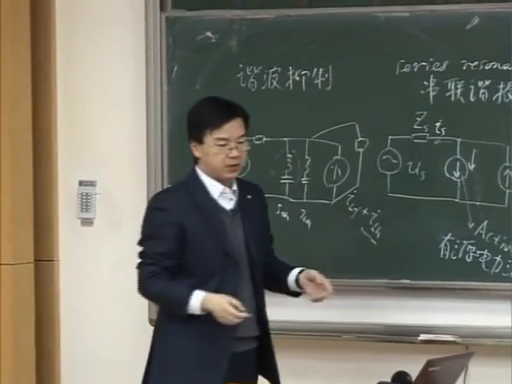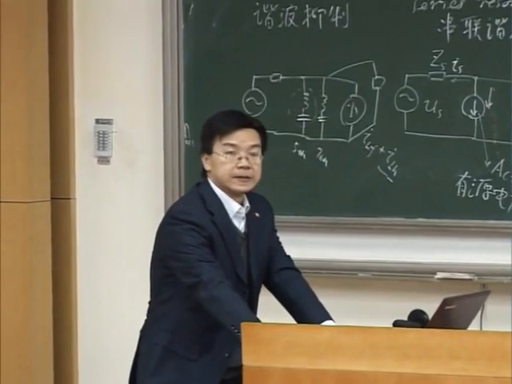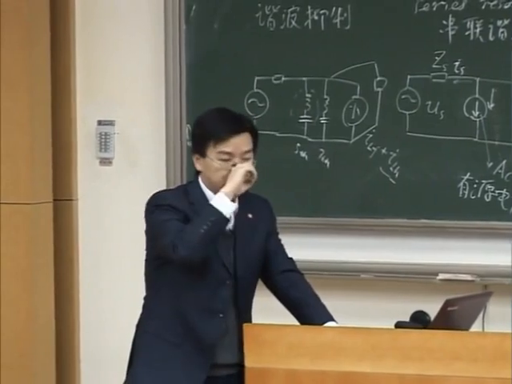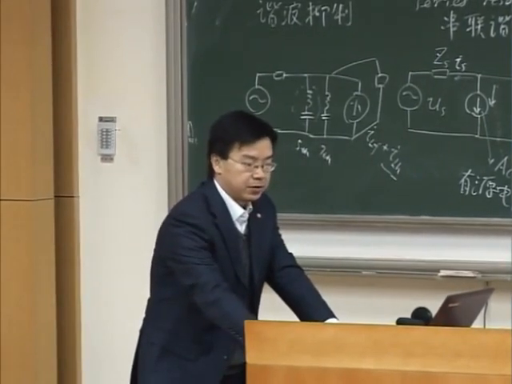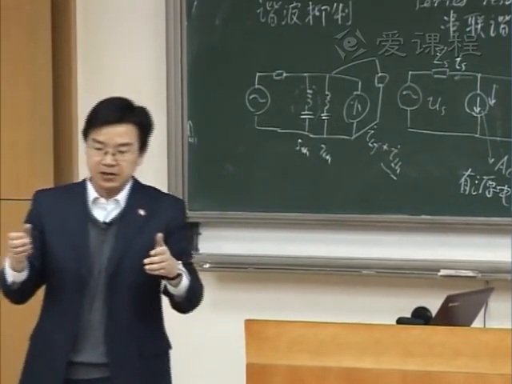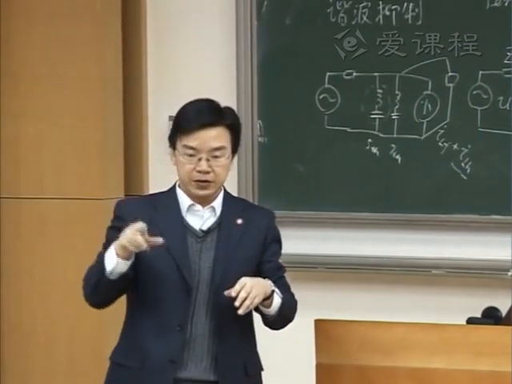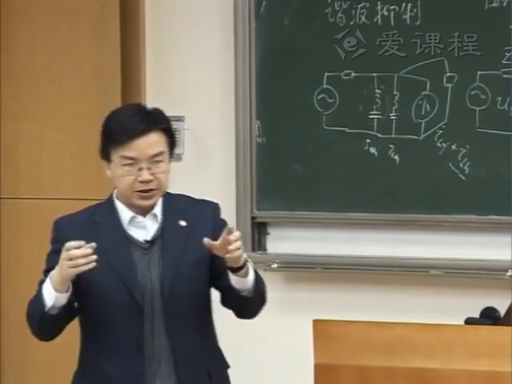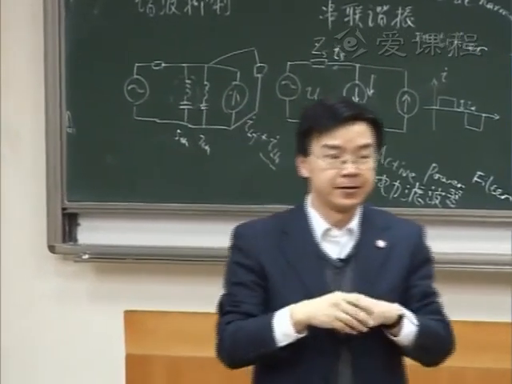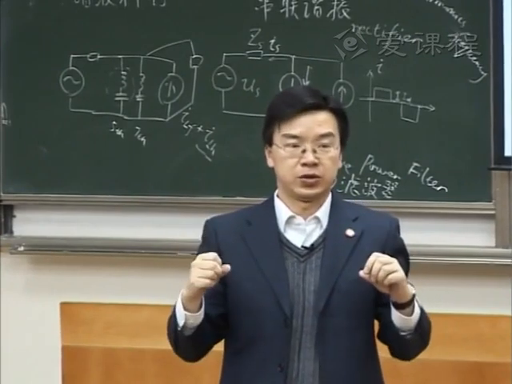Current harmonics is not the only reason that causes power quality problems. There's also a problem caused by reactive power. If the reactive power is not well controlled, then in the power system, the voltage magnitude on the utility transmission line will not be well controlled.